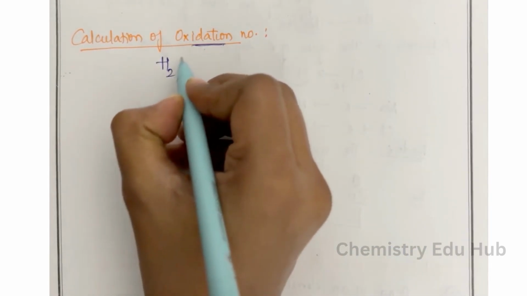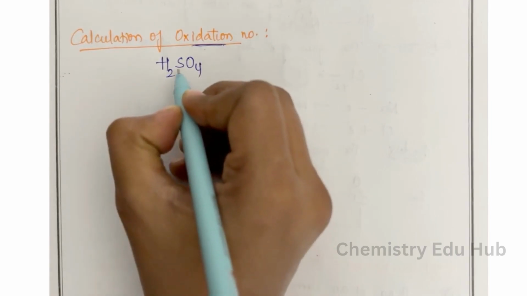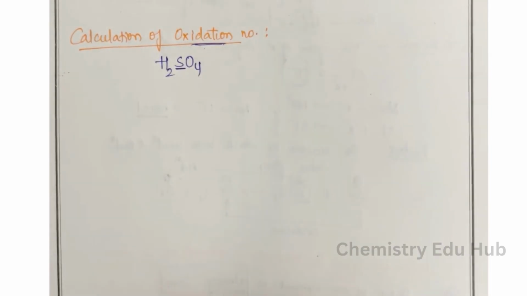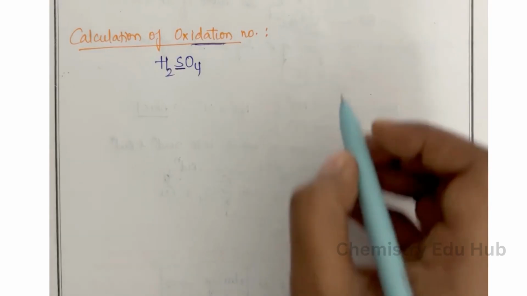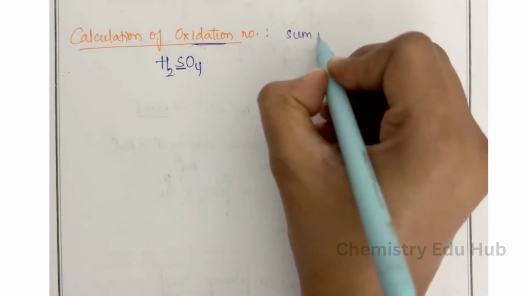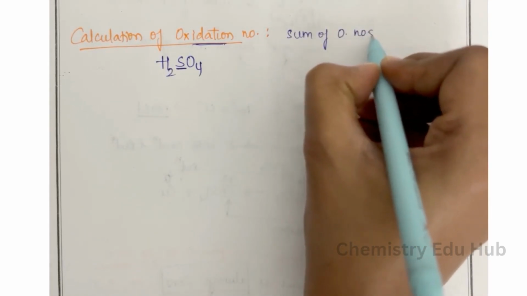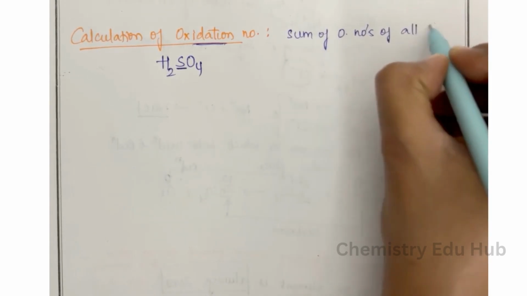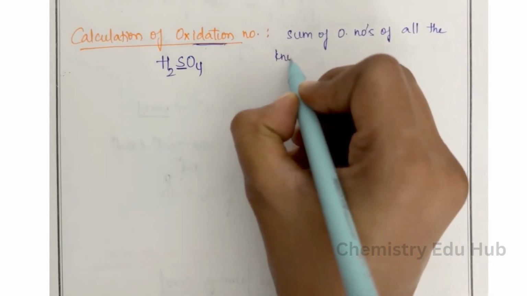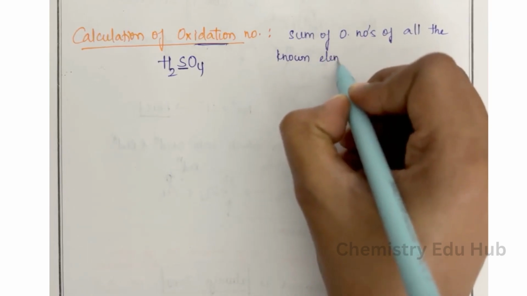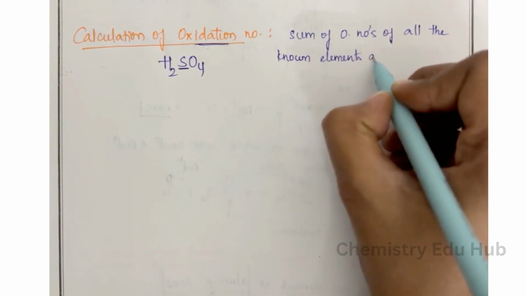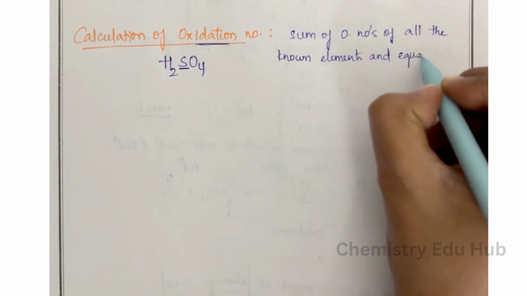So suppose you have H2SO4 and you have to find out the oxidation number of sulfur. The first rule is you have to take the sum of oxidation numbers of all the elements in the given molecule and equate it to 0.